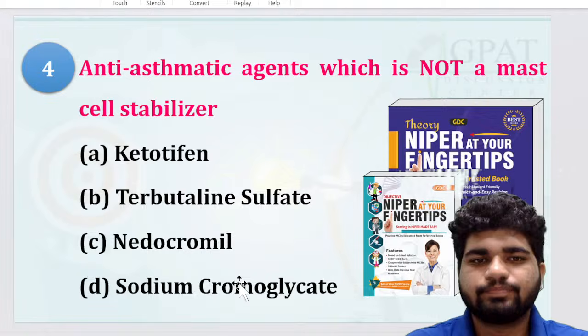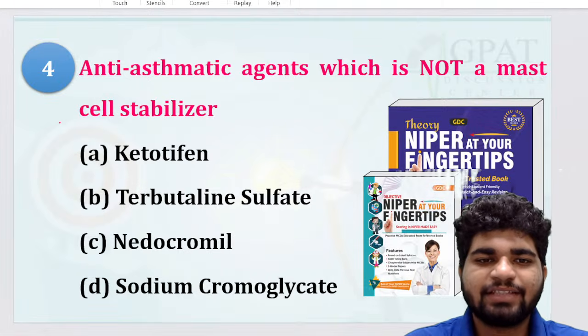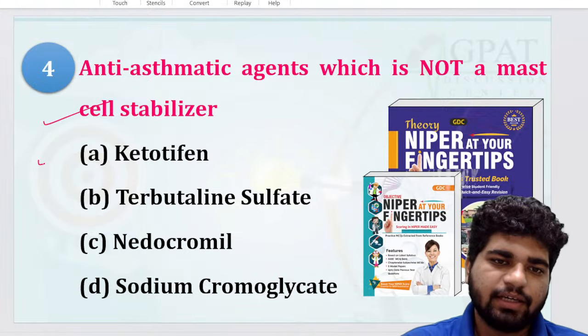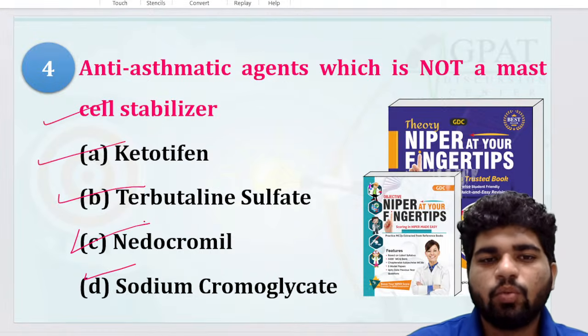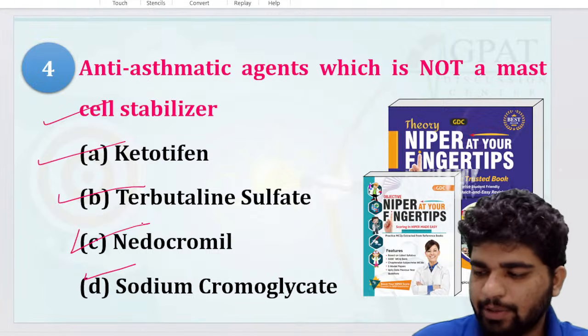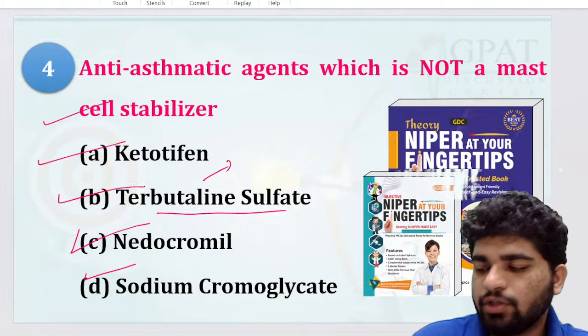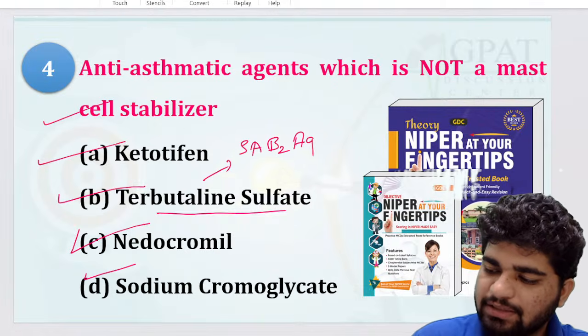Now, anti-asthmatic agents, which is not a mast cell stabilizer? Carotenoid, terbutaline sulfate, nedocromil, or sodium cromoglycate. Definitely, it would be your terbutaline sulfate only, because it is nothing but your short-acting beta 2 agonist.